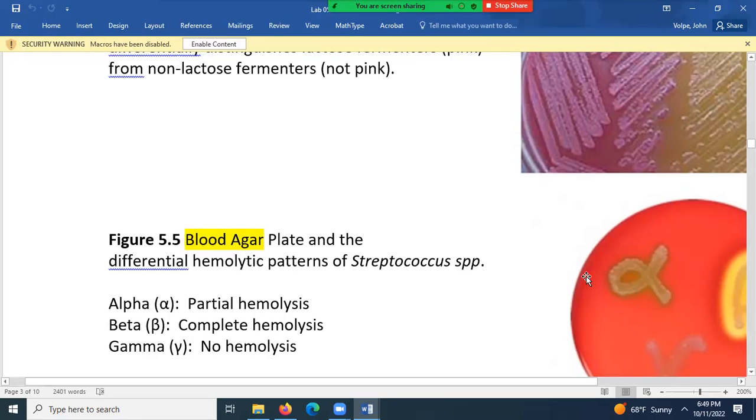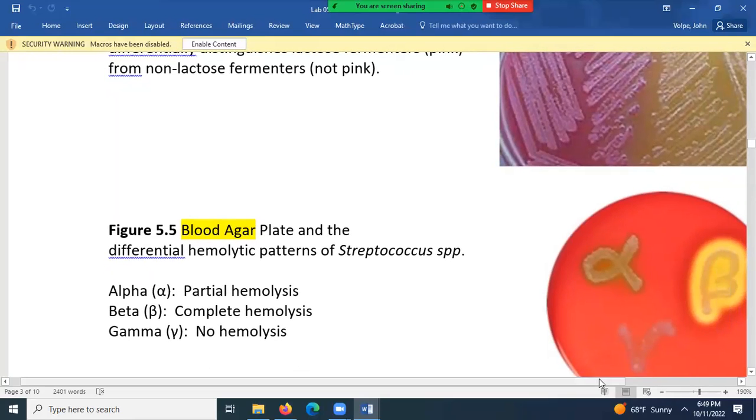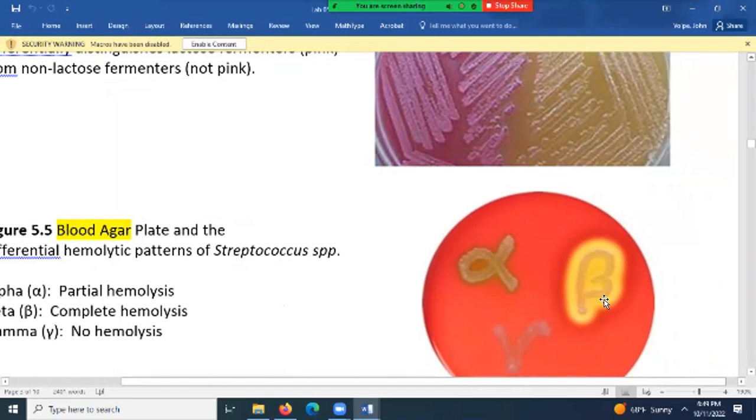It's a little bigger here than right here, where it's red. And then we can distinguish that from the complete hemolysis called beta hemolysis. The white B right here is the bacteria.